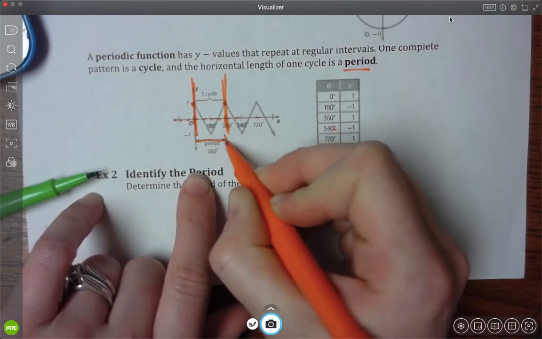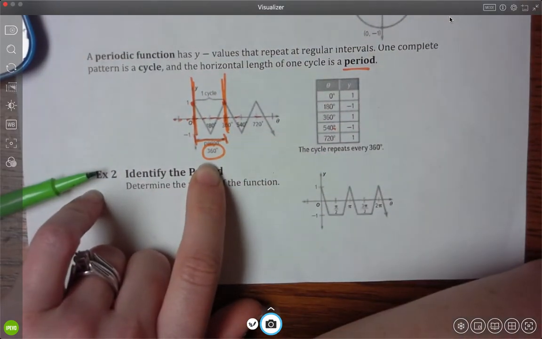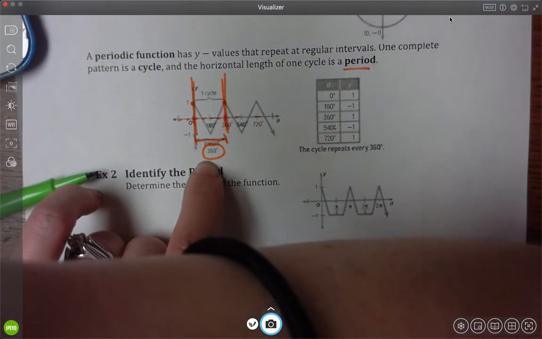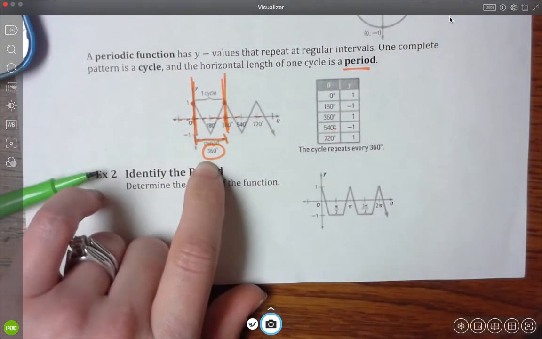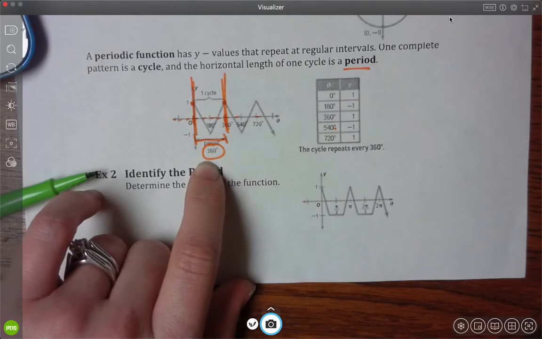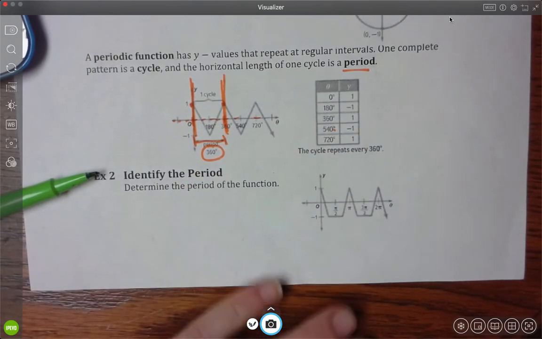So one full period must be 360 degrees until I get back to where I started. Which makes sense: if you're facing forward, you would have to turn all the way around to get back to where you started. Then you could keep spinning around again and again, but it would take 360 degrees to make one full cycle, okay?